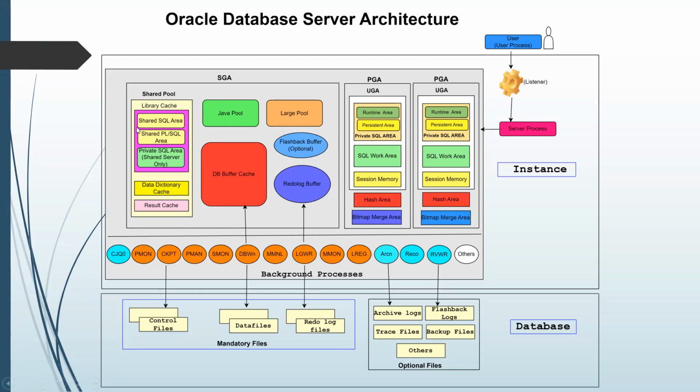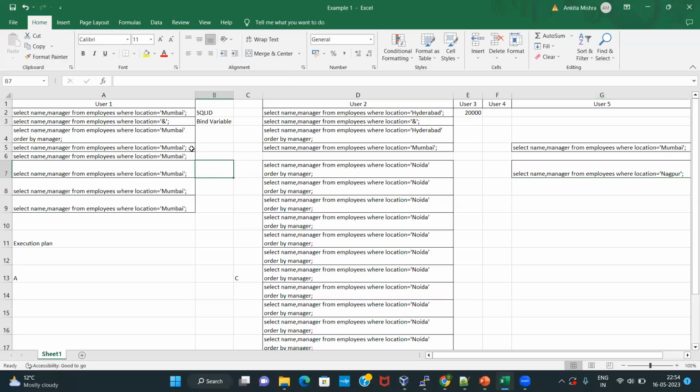But your target, or your aim, should be to have a soft parse ratio of more than 90%. And how do you try to ensure reusability in the database? Going back to the same example, say all these users are trying to fetch the data for Mumbai, Hyderabad, Noida, or Nagpur location.